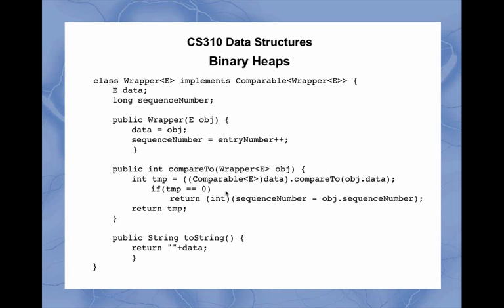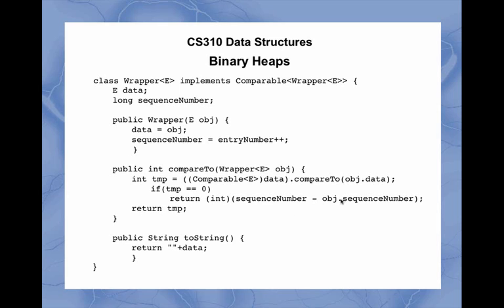So our first comparison here is to see how the two objects compare. This is based on the compareTo method inside the objects, the E that's inserted in the heap. So we compare these, and if they're equal, you have 2 3s for instance, then we use the sequence number to break the tie between them.